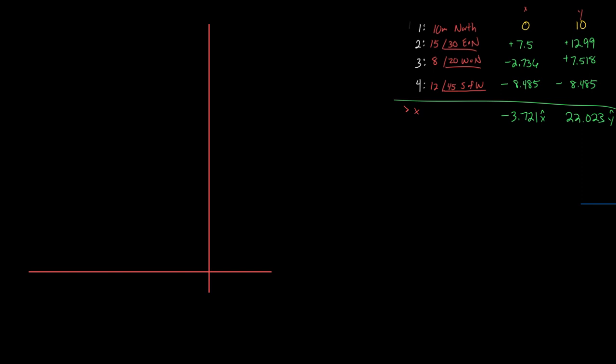So I'm going to draw it kind of like that, and I have 2 component vectors. One of them goes straight up in the y direction, and that's 22.023. And one of them goes this way in the x direction. These are not drawn to scale.